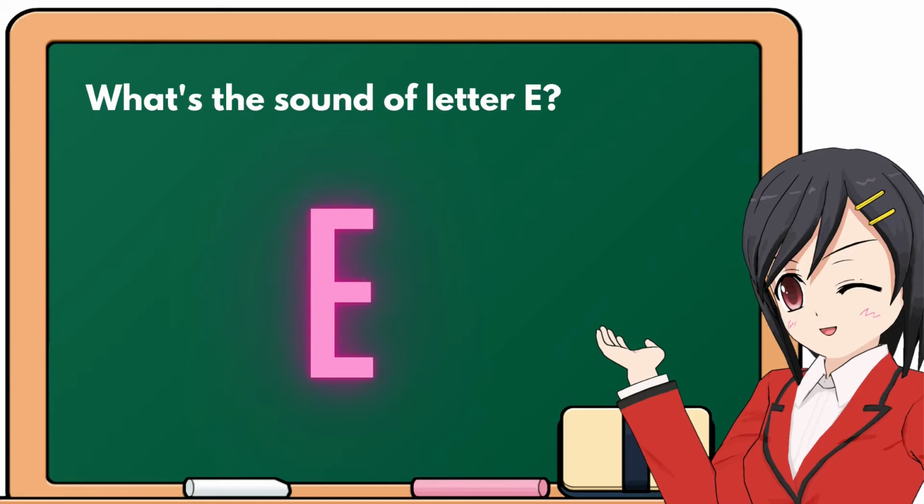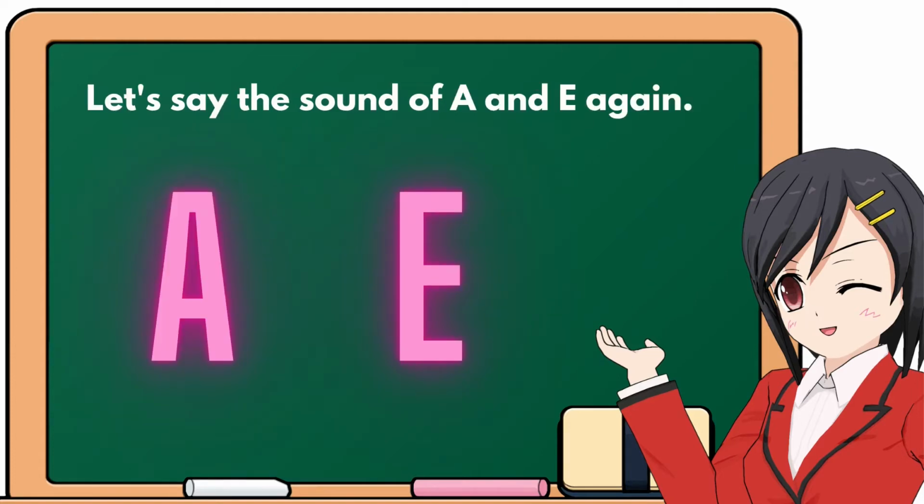The sound of letter E is E. Again, E, E, E. That's the sound of letter E. Let's say the sound of A and E again. A, E. Again. A, E. Very good.